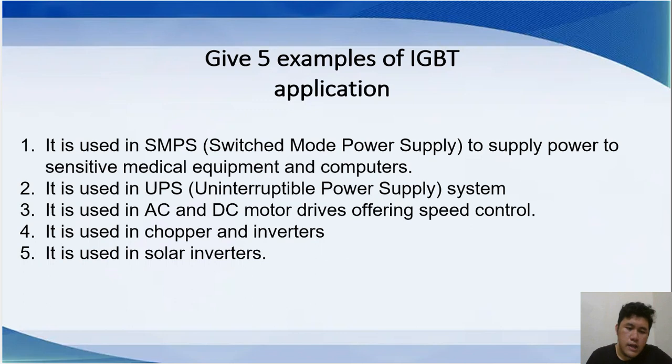Number 2, it is used in UPS, which is uninterruptible power supply systems. Number 3, it is used in AC and DC motor drives, offering speed control. Number 4, it is used in choppers and inverters. Number 5, it is used in solar inverters.